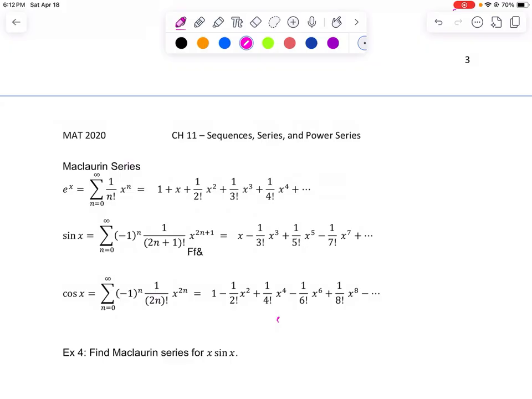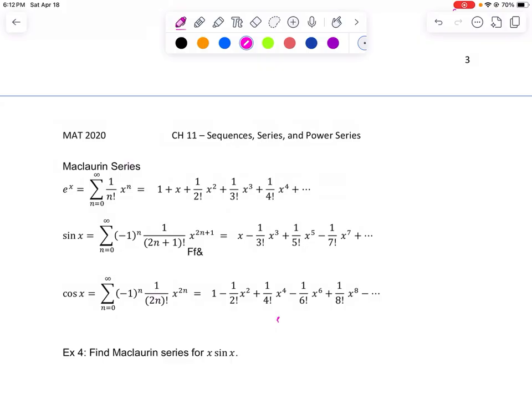So here I have put together the three famous functions that you should know how to find their Taylor or Maclaurin series, and also that at any point. Not only should you know how to get it, but also you should remember the nth term of the Taylor series.